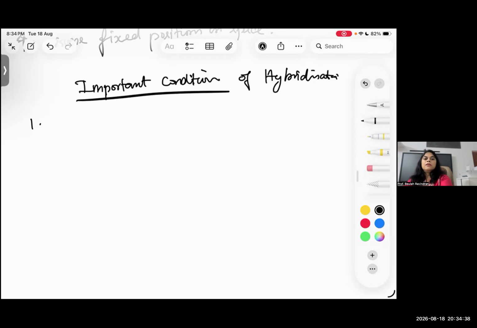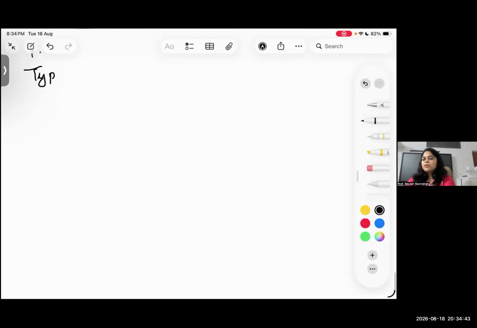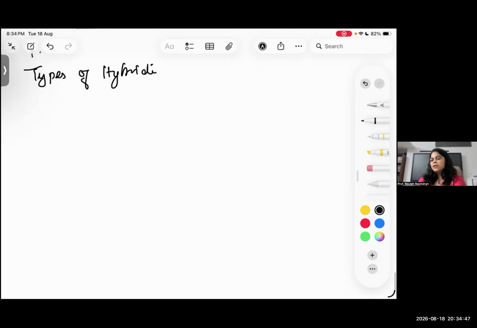First we are going to see the types of hybridization. So what are the types of hybridization? First one is sp3.